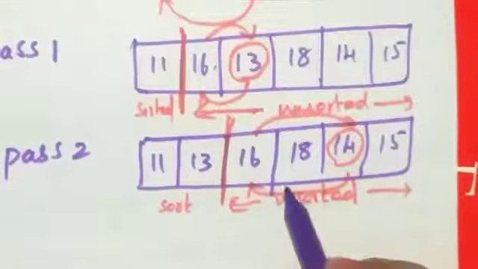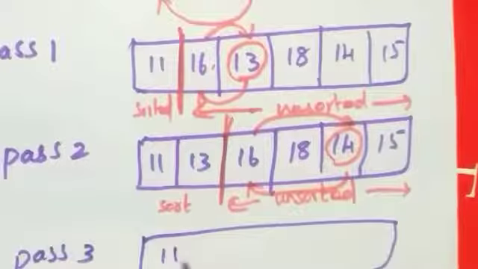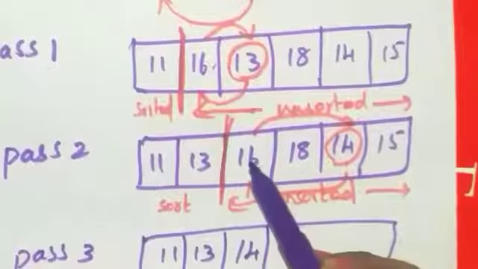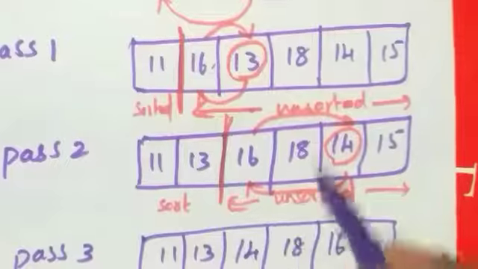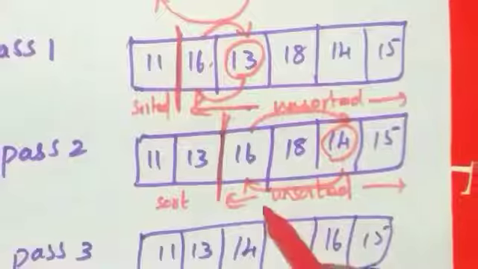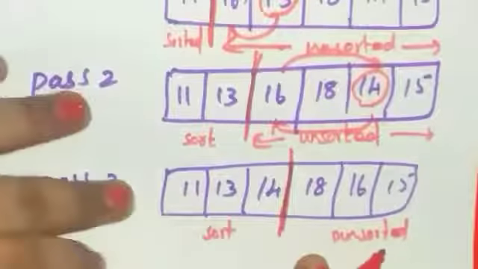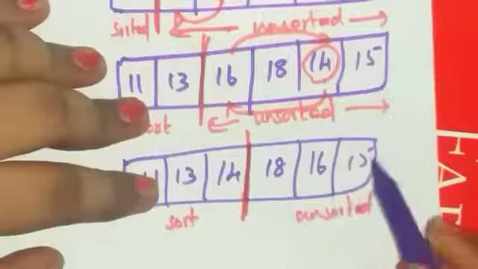This is the third pass, pass 3. Write 11, 13, 14 here, then 16, 18, 15. Now these three elements are sorted, so leave them. Take the remaining elements only and find which number is smallest.